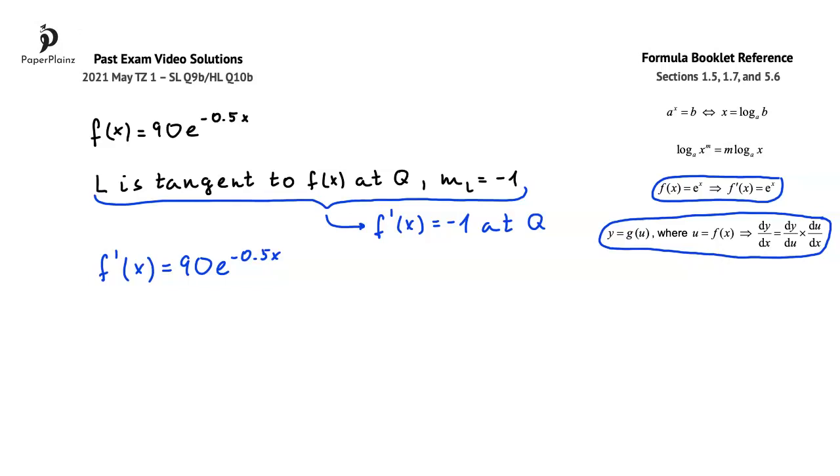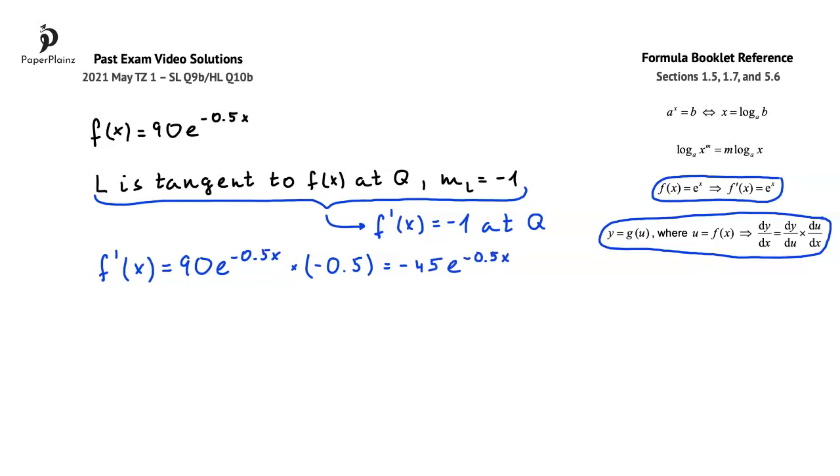So when we are looking for the derivative of f(x), we'll multiply by the derivative of the inside function, so the derivative of -0.5x. This derivative is simply -0.5, so here we'll multiply by -0.5. 90 times -0.5 is -45, so we get that the derivative is -45 e to the power of -0.5x.